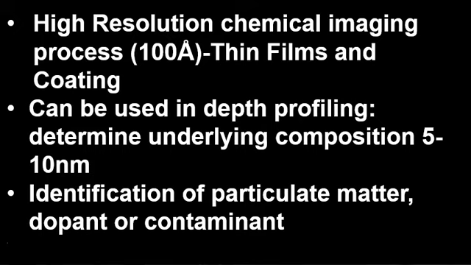This technique gives us information about the presence of any impurity on the sample surface in the depth range of 3 to 10 nanometers. It gives information about the percentage of dopant in a material, and also whether any type of contaminant or particulate is present on the surface of the material.